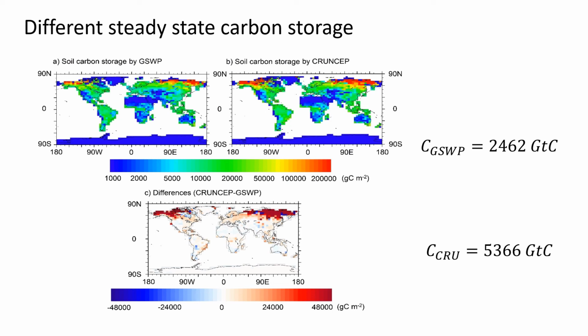The highest carbon storage can be over 250,000 gram carbon per meter square, which is substantially larger than the GSWP3 simulation. Without further information, it's hard to identify the source of the differences, since meteorological forcing variables only differ at most 10% between GSWP3 and the CRU-NCEP.